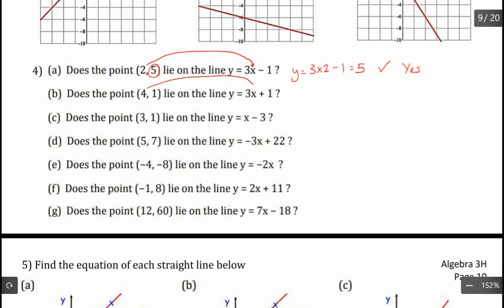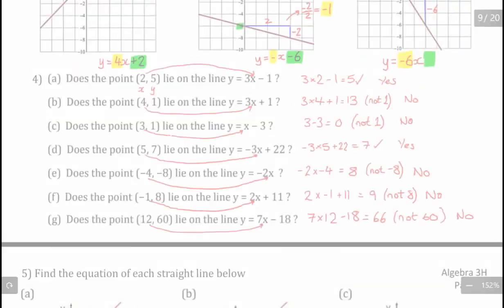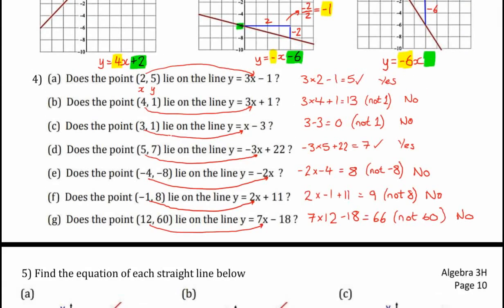Substitute 4 in place of the x, so we're doing 3 times 4, which would be 12, plus 1, which would give us 13, not 1 that we had in the coordinates. So no, it's not on the line. Okay, carry on as above, and I'll reveal the answers. Okay, there's the remaining answers for question 4. Okay, I'll go through the next page in the next video.